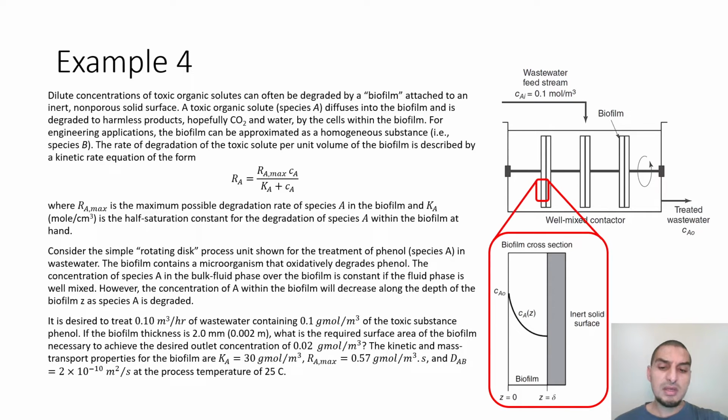But actually, the original values in the textbook were 0.3, which is 100 times less, and 0.0057. So this was divided by 100, and this was divided by 100. So I believe these values will not make this assumption valid. If you have a value of K_A of 0.3 and C is 0.02, then it doesn't make sense to ignore the 0.02 compared to the 0.3. It's 0.3 and 0.32, which is a significant difference in value.